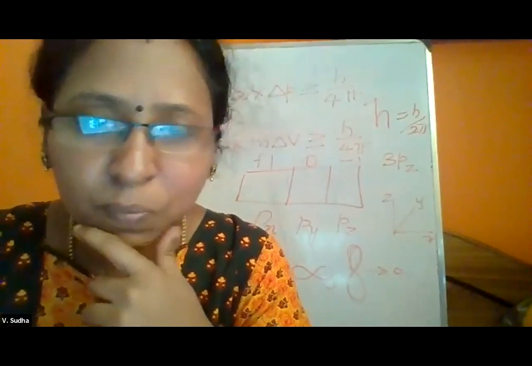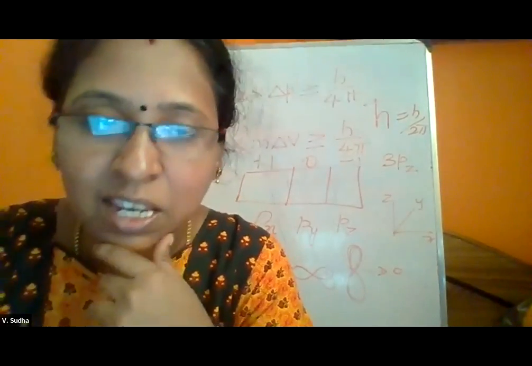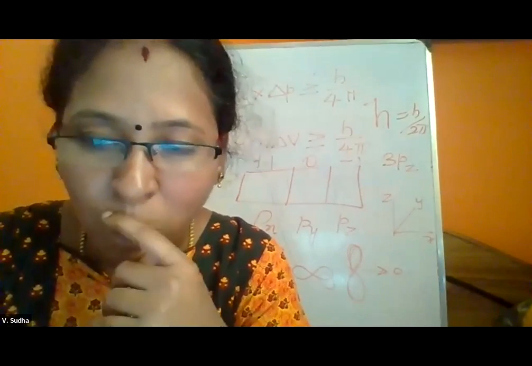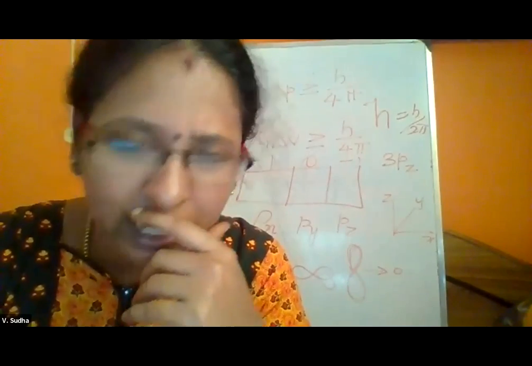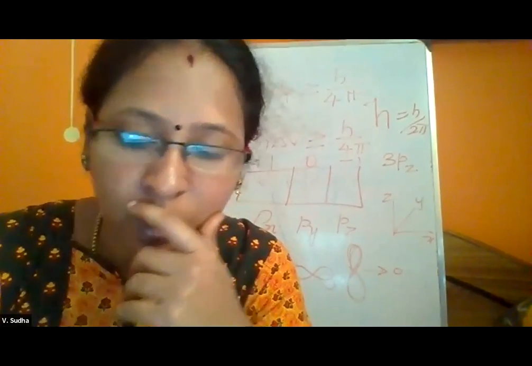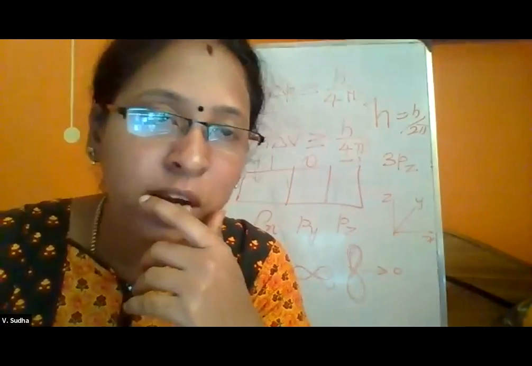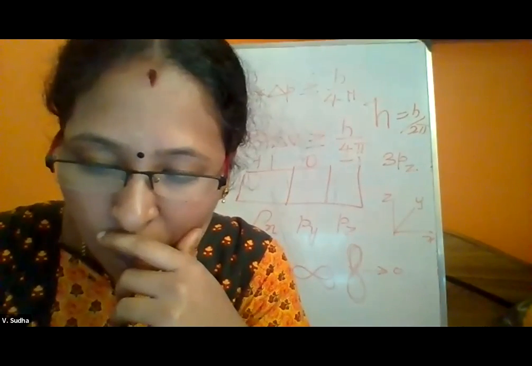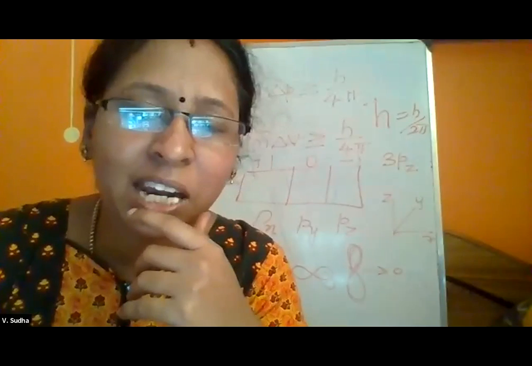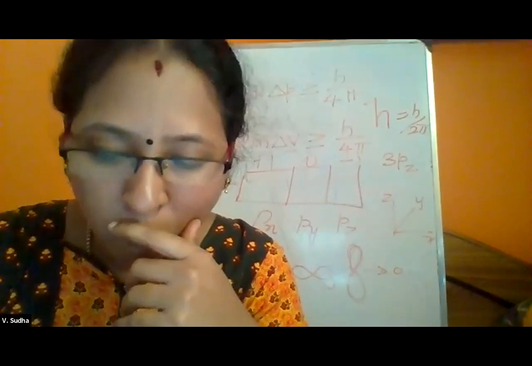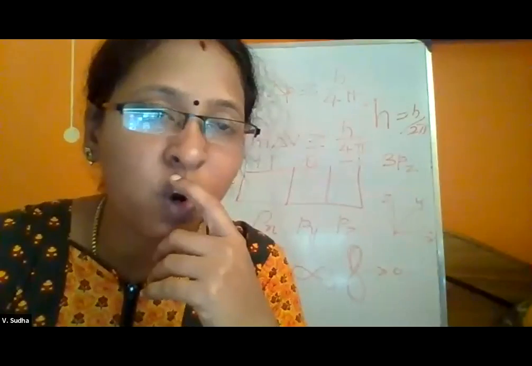Next, the energies E1 and E2 of two radiations are 25 electron volt and 50 electron volt.